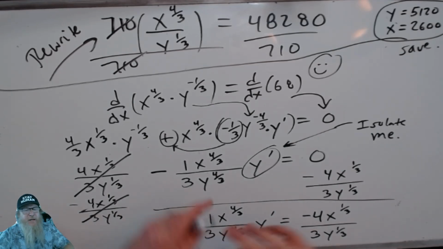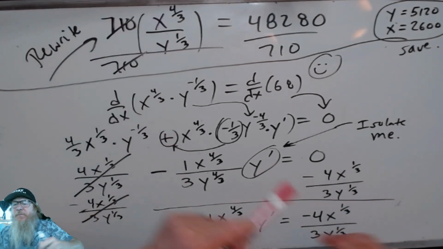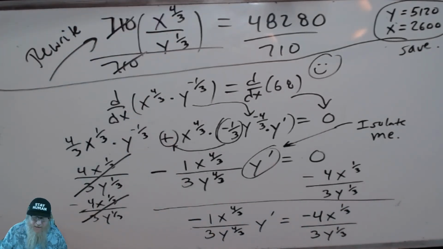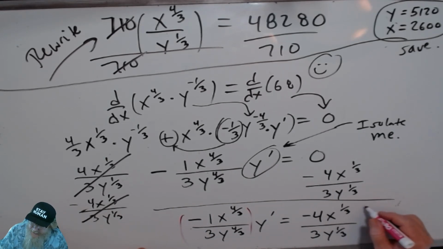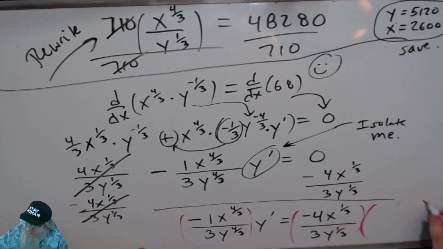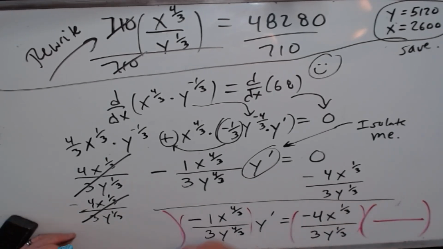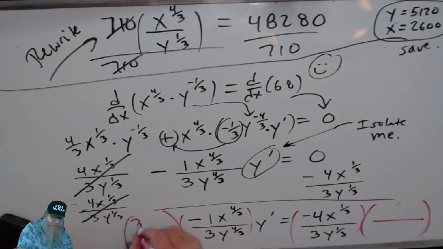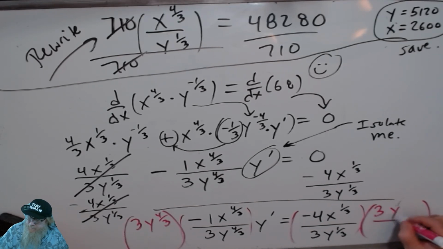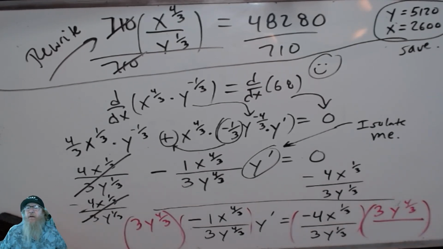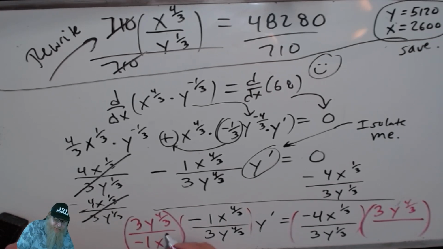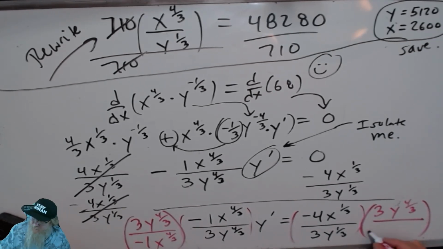Now watch this trick. This is a technique that's long overdue. When I have a fraction divided by a fraction, I can just multiply by the reciprocal. So I'm going to put the 3y to the 4/3 on the top, and I'm going to put the negative 1x to the 4/3 on the bottom.